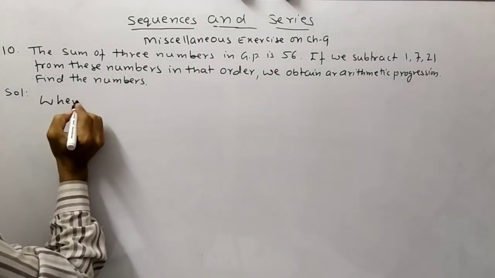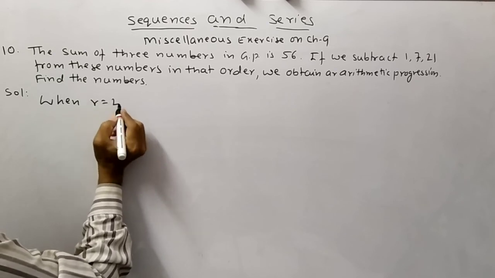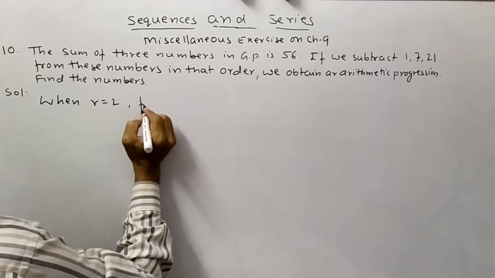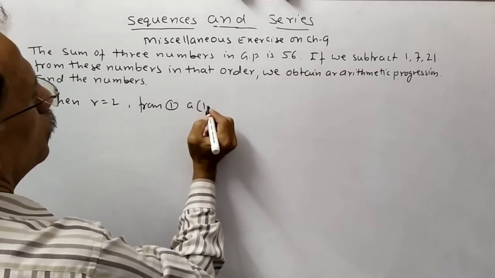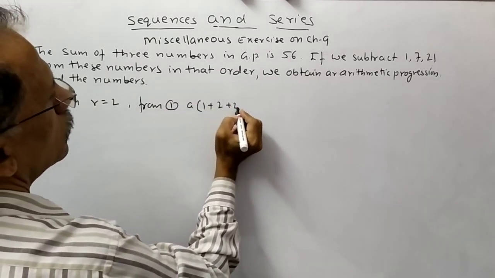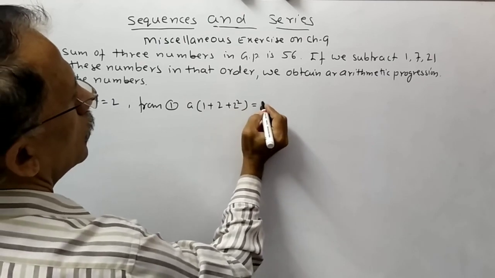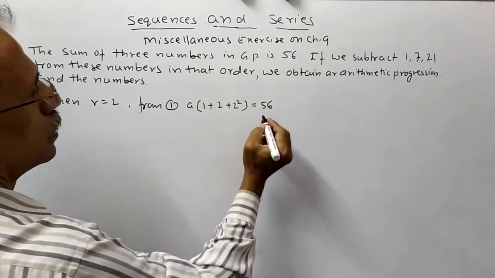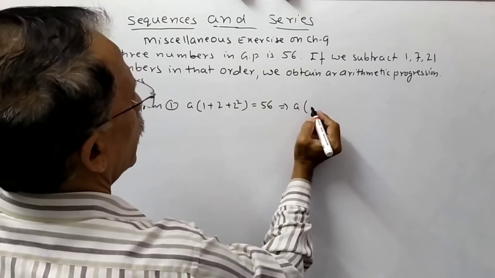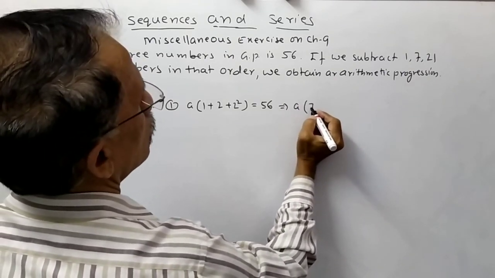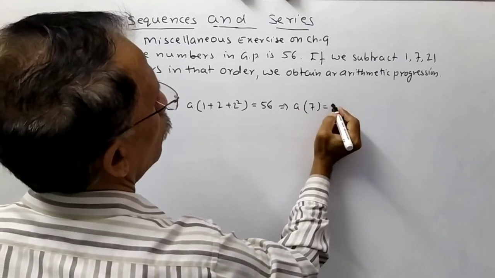When r is equal to 2, from 1, a into 1 plus 2 plus 2 square is equal to 56. Implies a into bracket 7 is equal to 56.